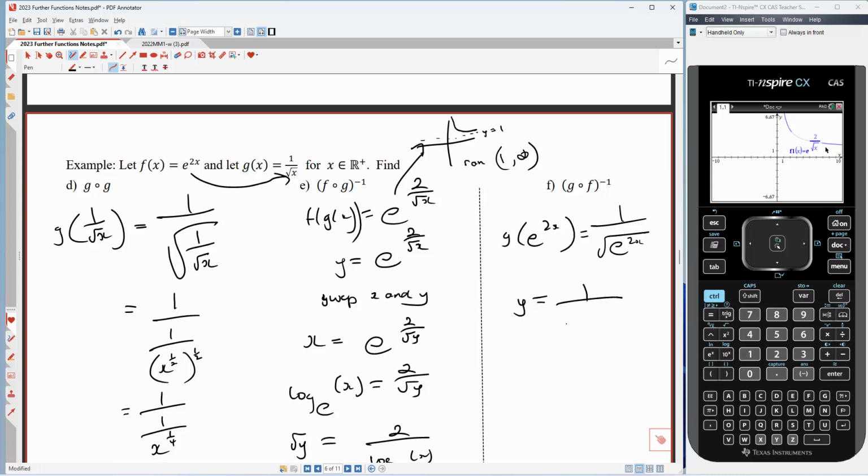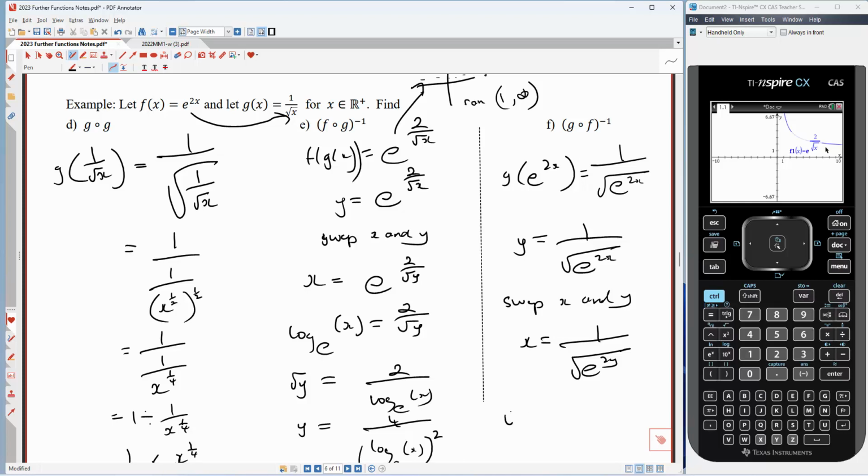Okay, 1 over root e to the 2x, swap x and y. x equals 1 over root e to the 2y.